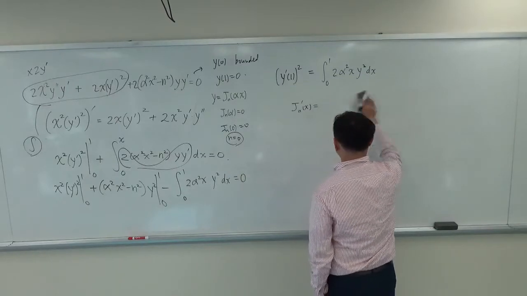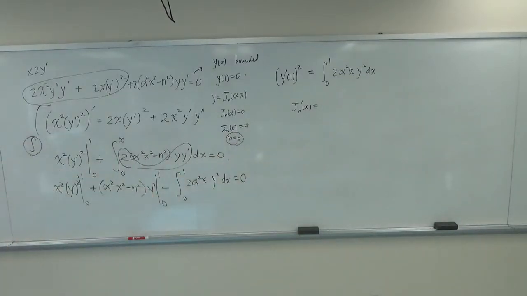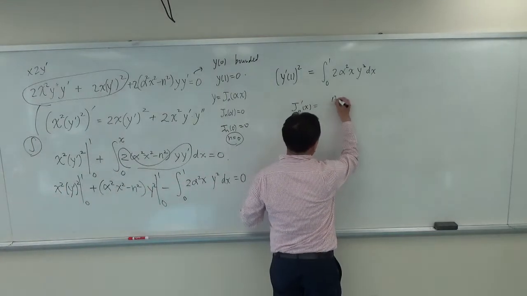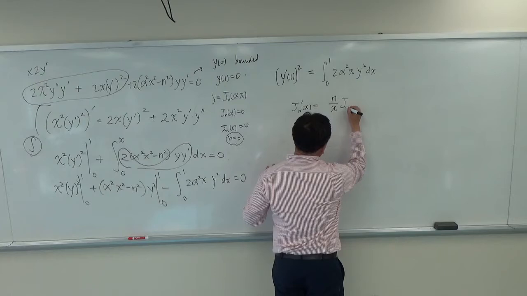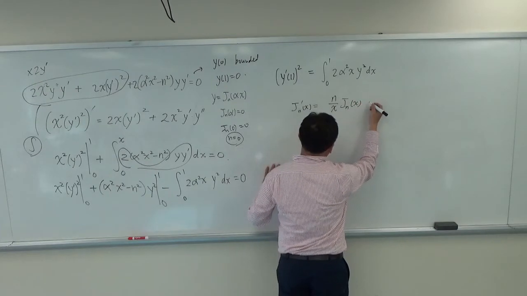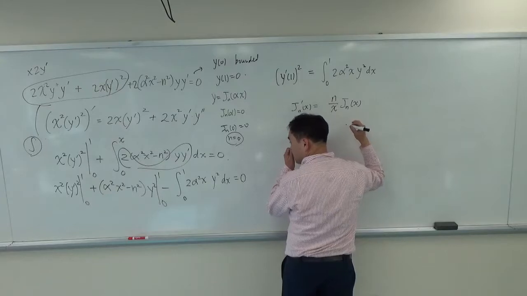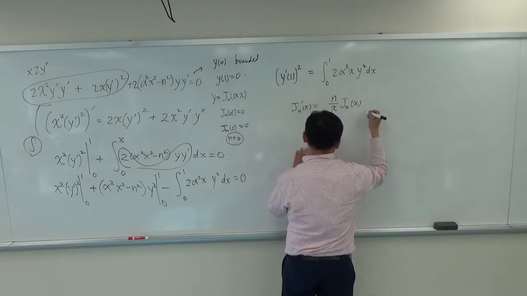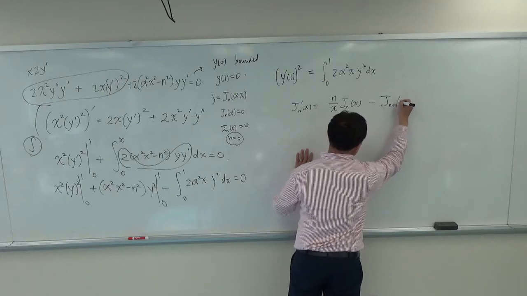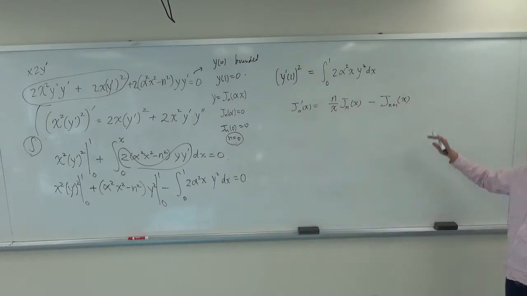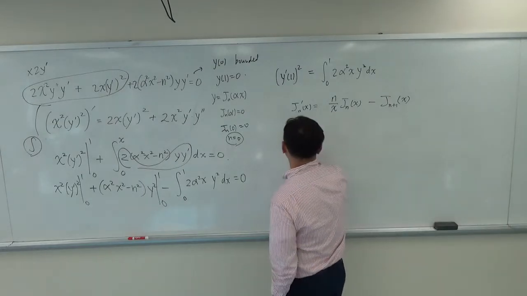Sorry, it's the other one. It's n over x, jn of x, minus jn plus 1 of x, right? We had this one as well, right? Is that good? Okay.